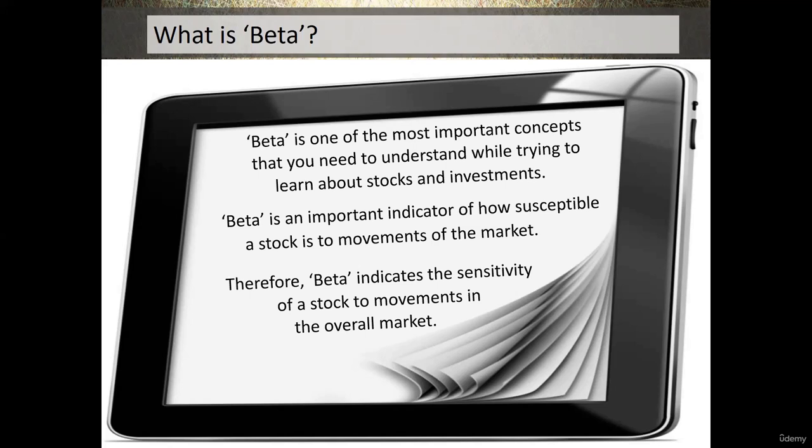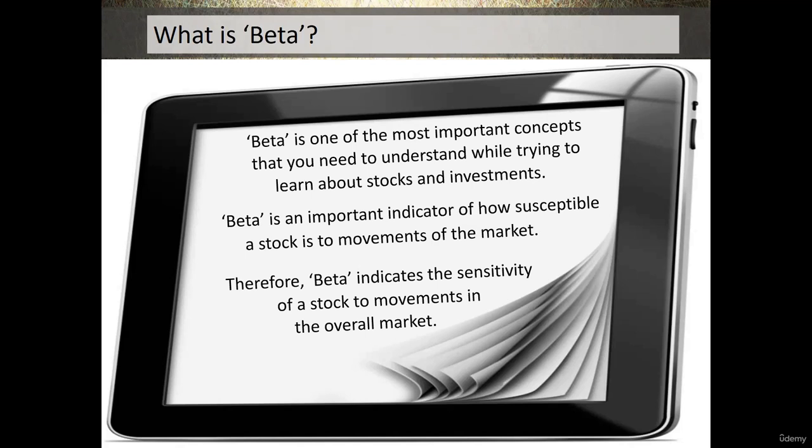All right, so in any company's stock, there are two components with regard to the risk. One is the total risk. I'm writing it down in the chat window. So whatever risk we are going to face on a particular stock will be called the total risk.